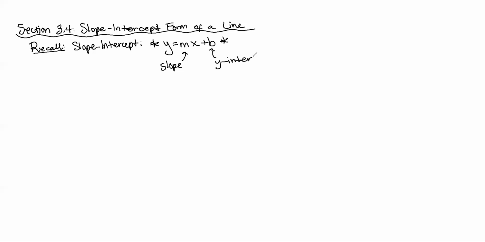And it's important to remember that it's the y-intercept, not the x, so that when we start graphing these, you're always going to be plotting the y-intercept on the y-axis, not on the x-axis. And that y-intercept is going to be of the form (0, b), because that y-intercept is still a point on the graph.